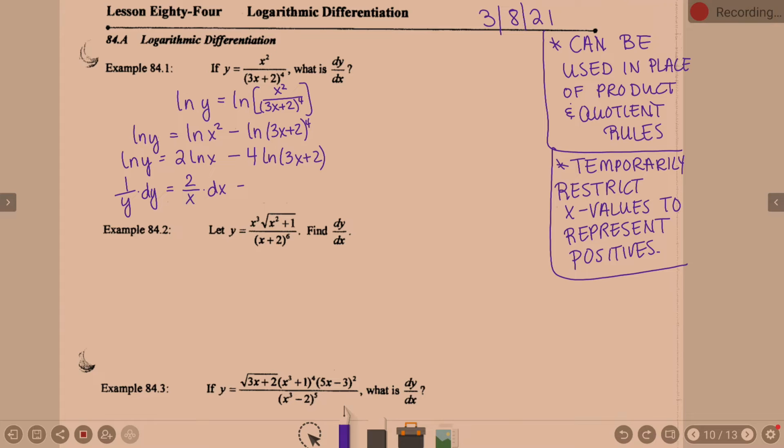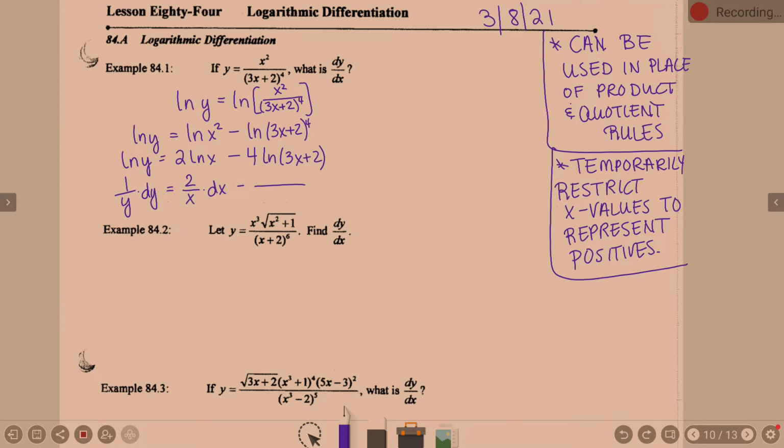Minus, what's the derivative of 4 natural log of 3x plus 2? Times dx, right? Because you have to chain rule everything. It is going to have a dx. Yeah, but would you have to do chain rule, so it'd end up being like 12? Yes, there's going to be a chain rule also.